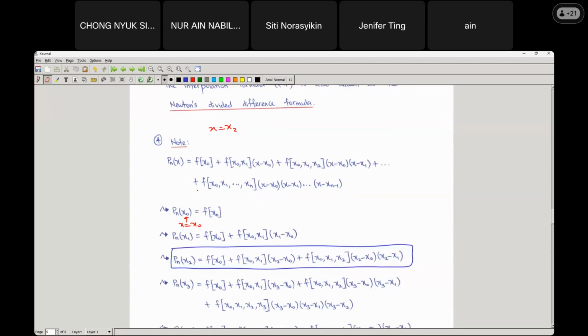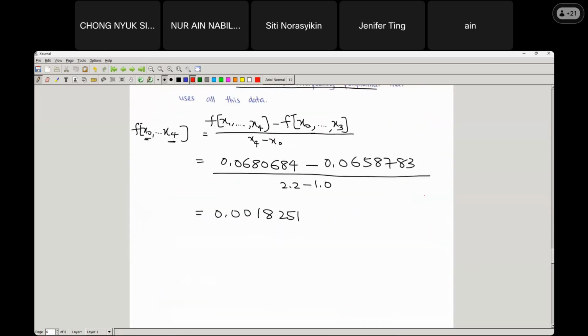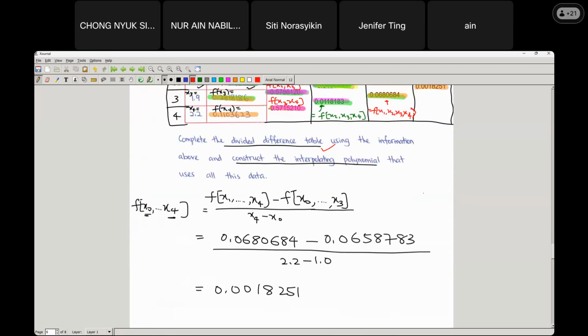This is the formula that we are going to use. How do we get this formula? This is from here, from this double star. This is the equation that you need to remember. We are going to use this formula to find the interpolating polynomial.